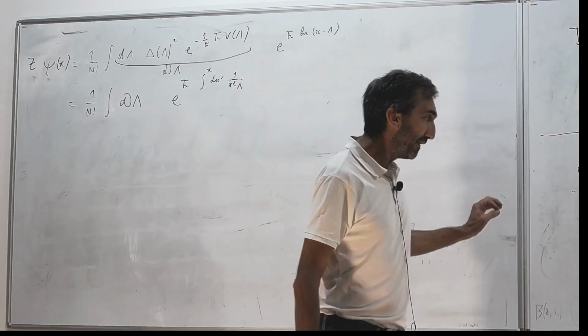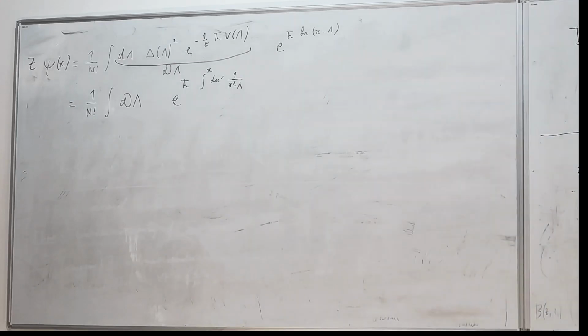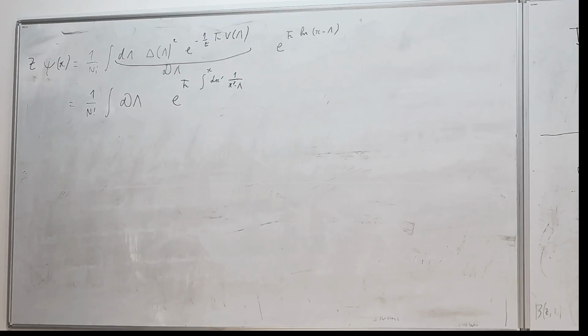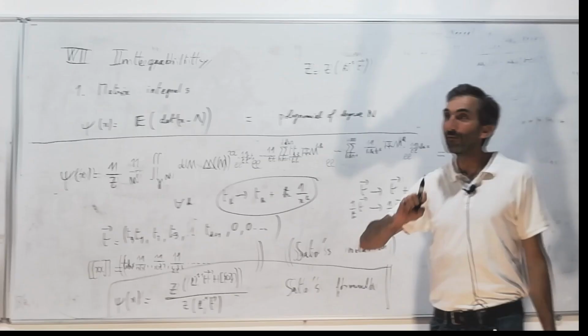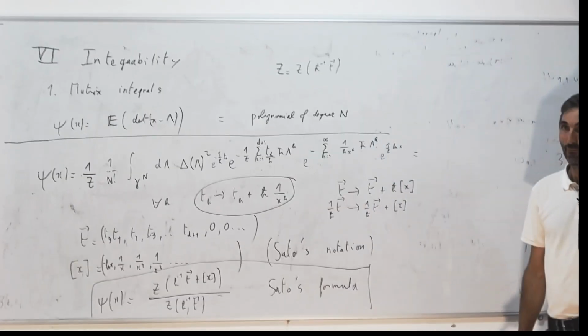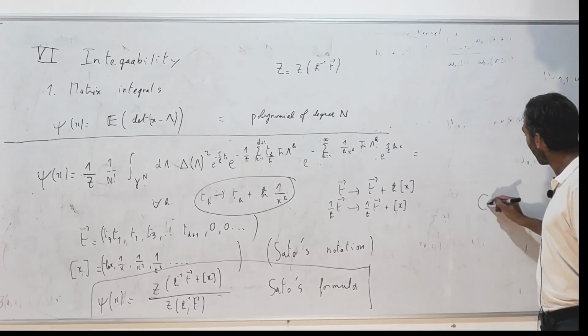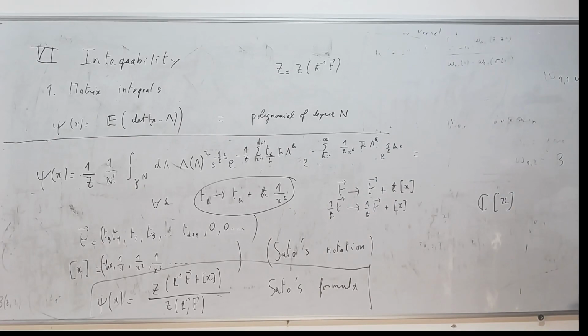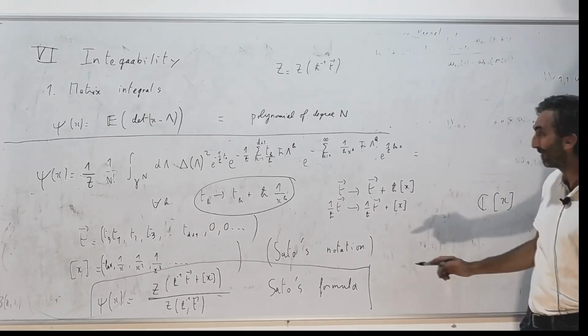Let me say something. This Sato's notation amounts to trying to express a log in the basis of polynomials. So you are trying to put a log in the C of x. That does not really work because log is not a polynomial. So log is not in C of x. That's why you need an infinite number of times.